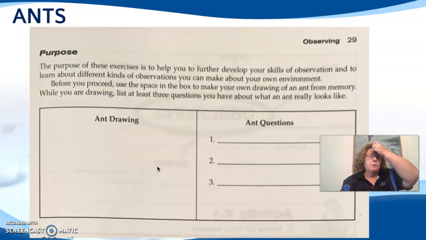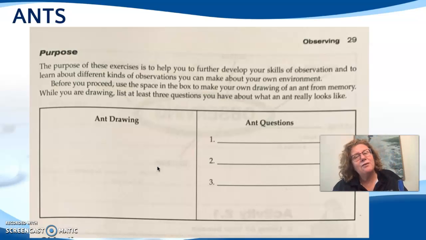So first thing I want you to do is take a look at this exercise, and you can take your time on doing it. You're going to think about what an ant looks like, and you're going to make a drawing from memory of what an ant looks like. And then I want you to list 3 questions about what an ant really looks like. Does an ant have eyes?